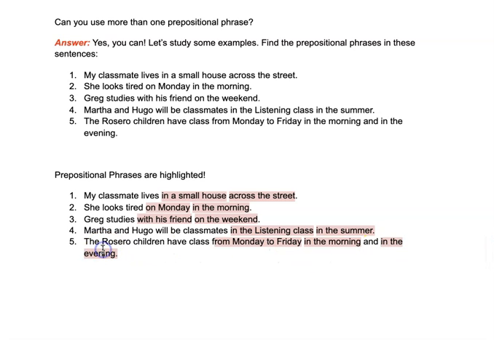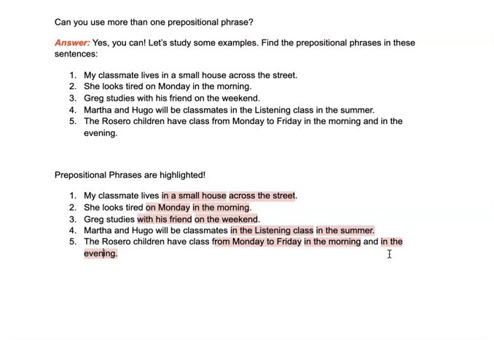In this example, I have 3 prepositional phrases. From Monday to Friday, in the morning. Because I have in the morning and in the evening, 2 periods of time, I need and in the middle to separate those because they are the same type of preposition.